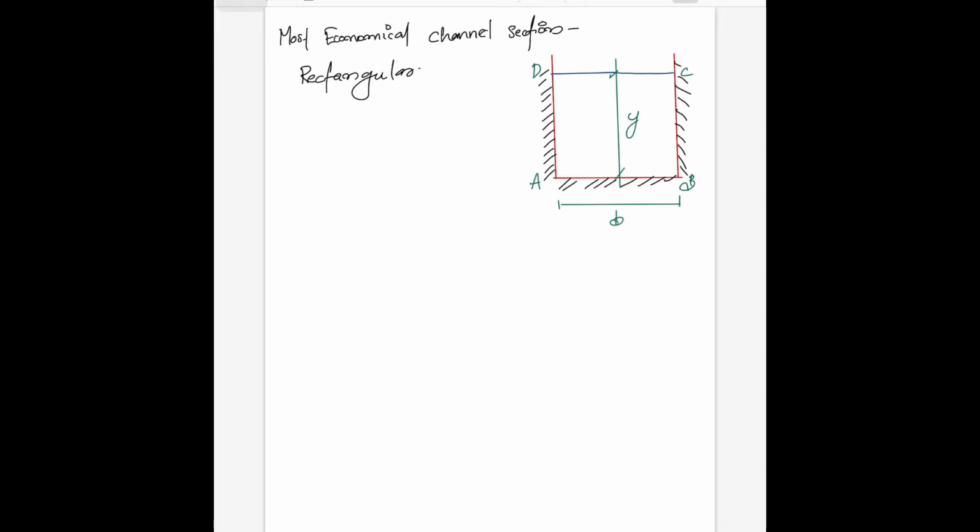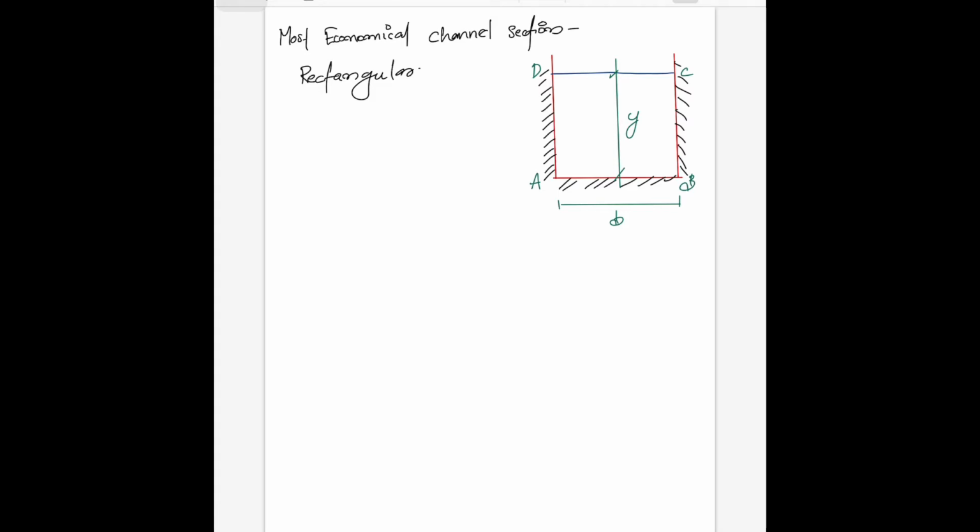Now, what does most economical or most efficient mean? It means a channel section that gives us maximum discharge with the minimum construction cost.